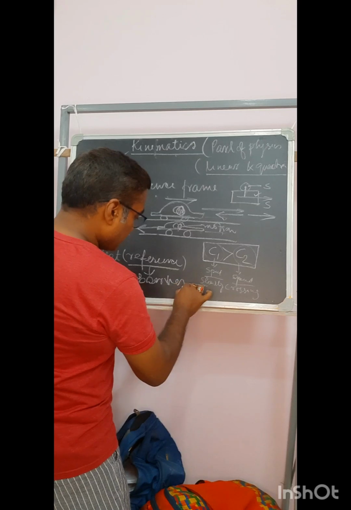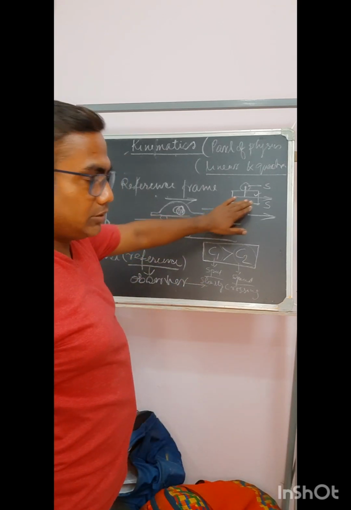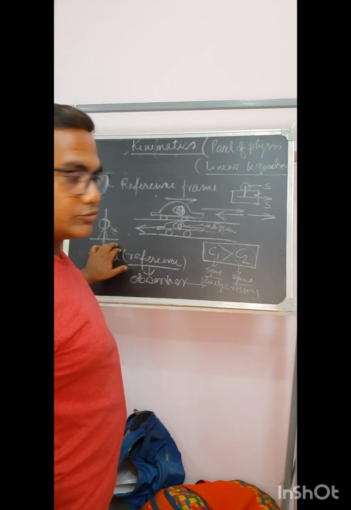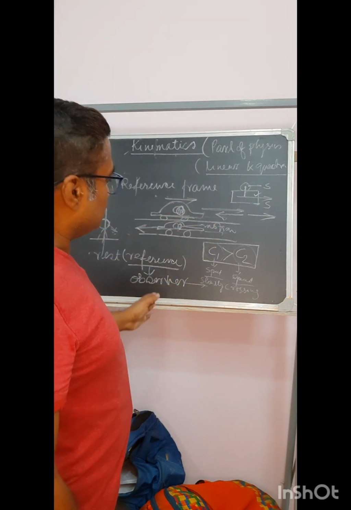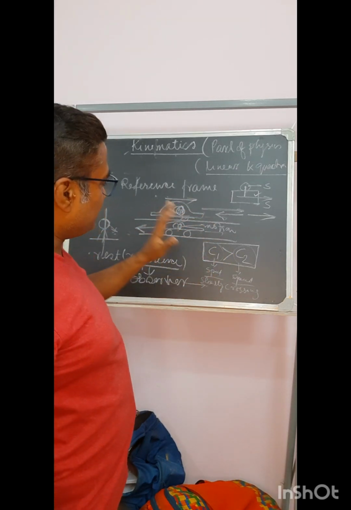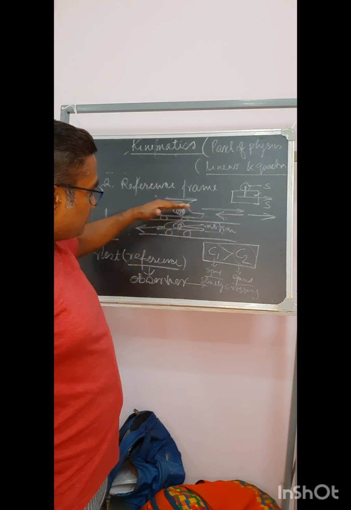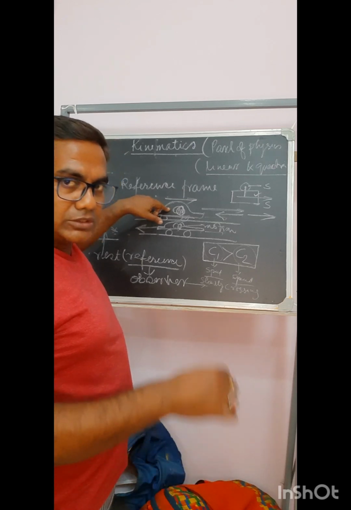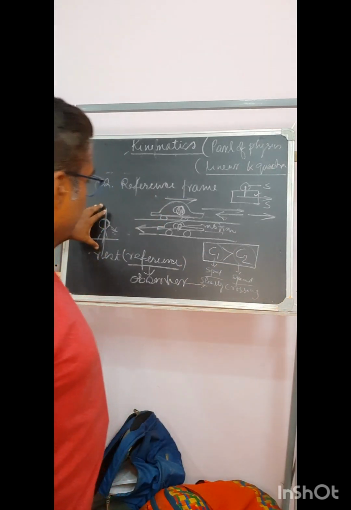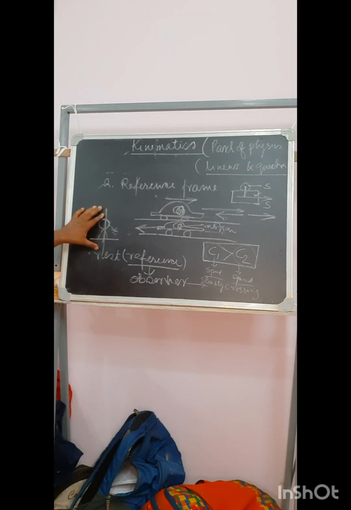The observer could be in motion or at rest. This concept has to be understood properly, because some relations have to be established according to reference frames which are in motion, and sometimes with a reference frame which is fixed.